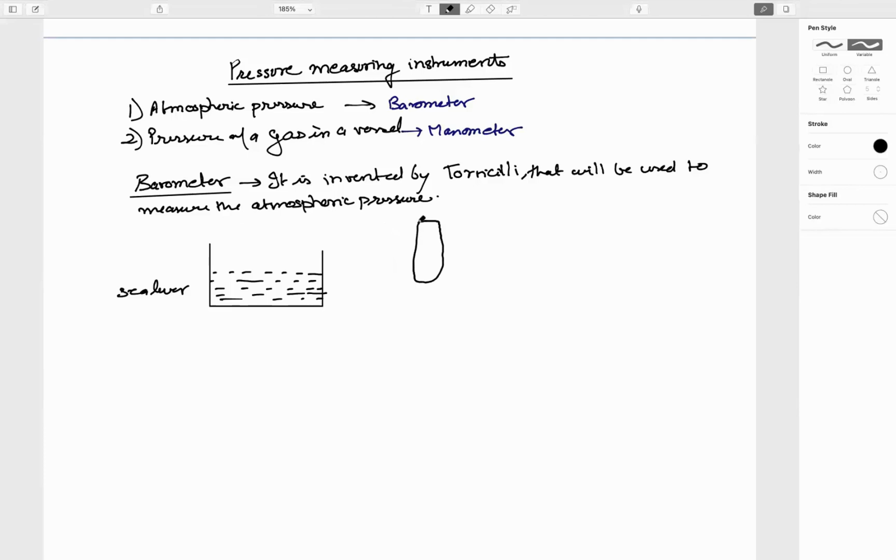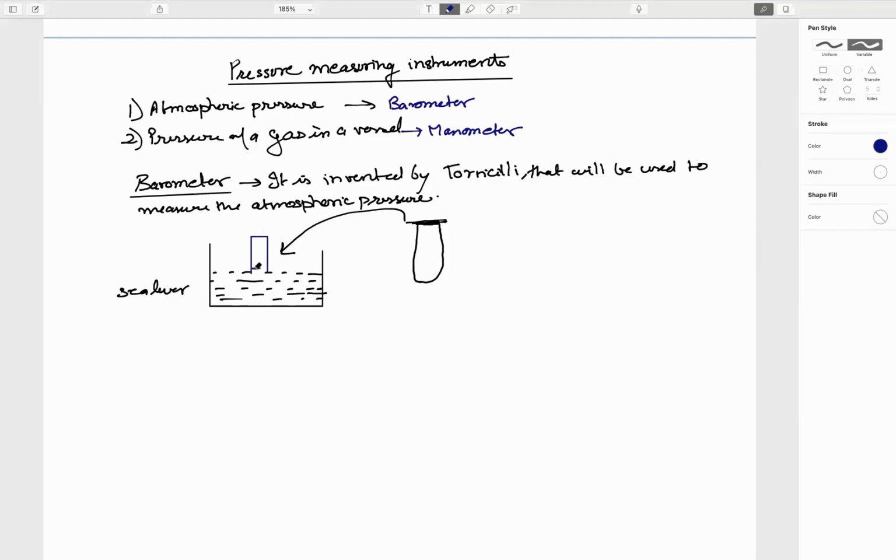We put a thumb over it so that there shouldn't be any air inside it, and he puts this tube here.